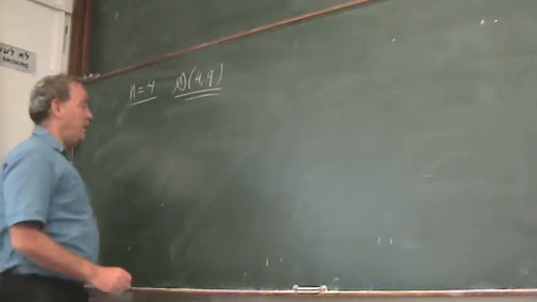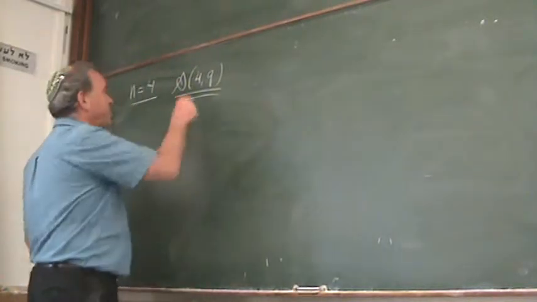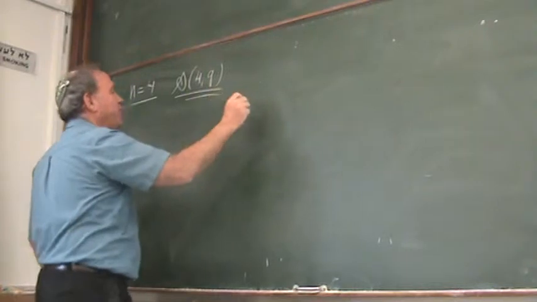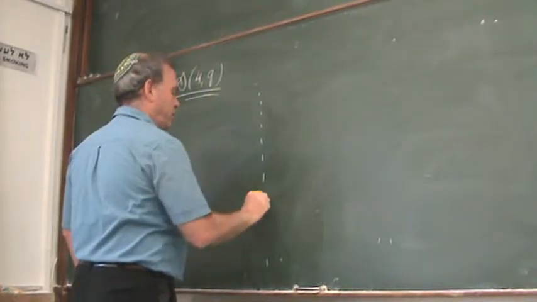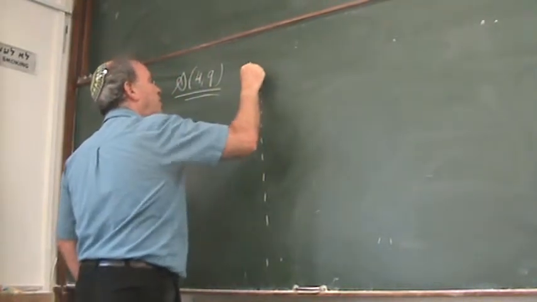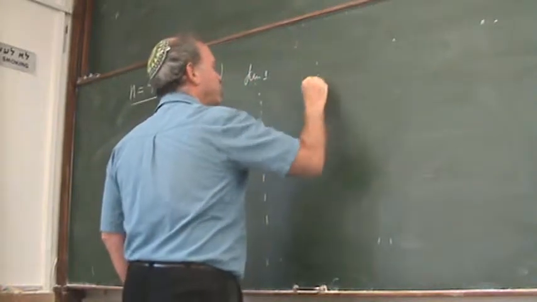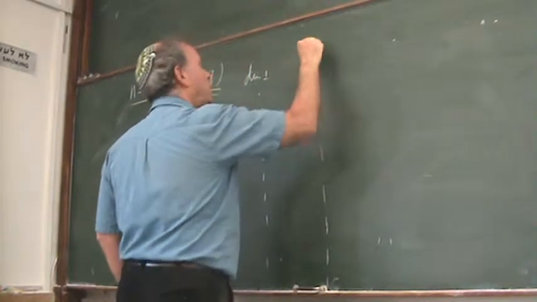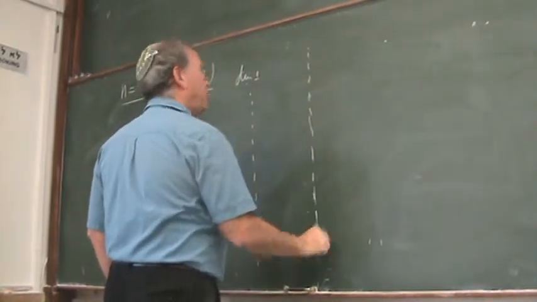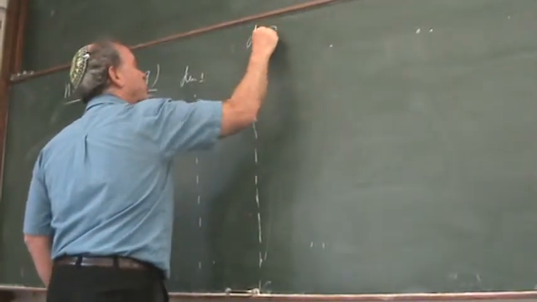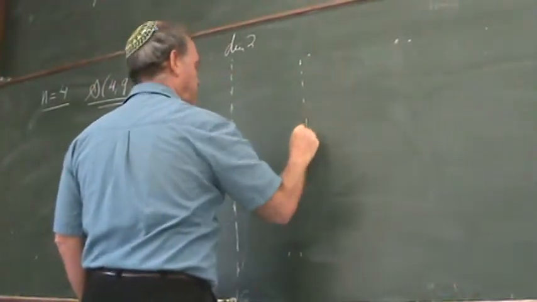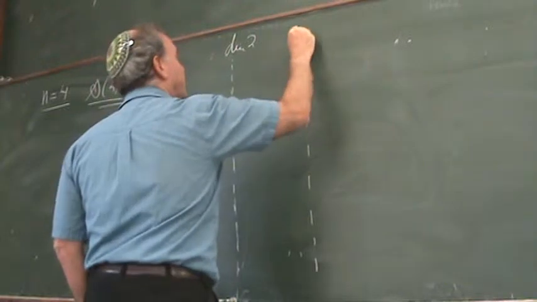It is a 4-dimensional space, and we now have dimension 1, dimension 2, and then dimension 3.